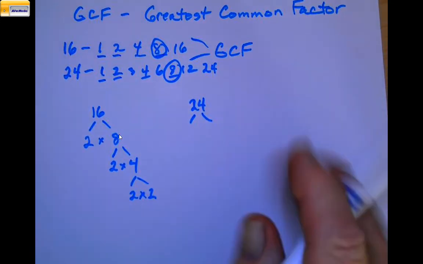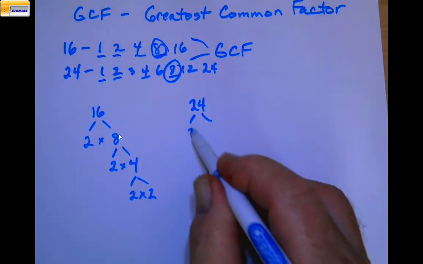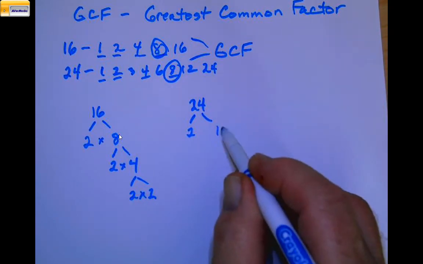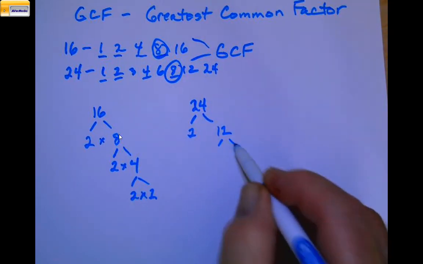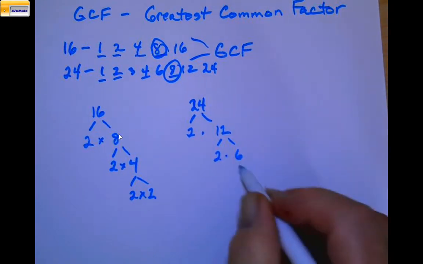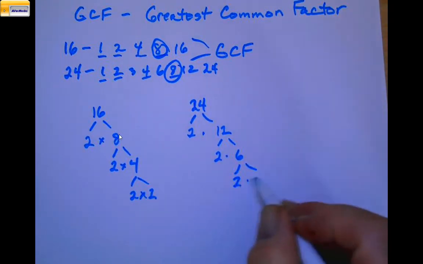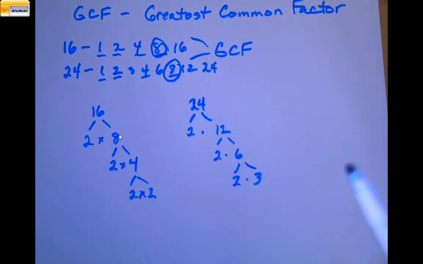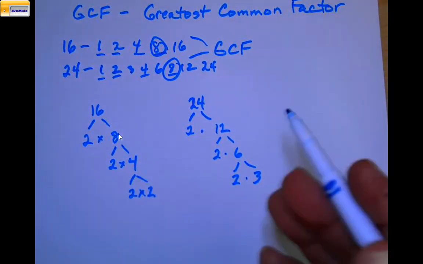And then 24 is 2 times 12. 12 is 2 times 6. 6 is 2 times 3. And now I'm done with that factoring.